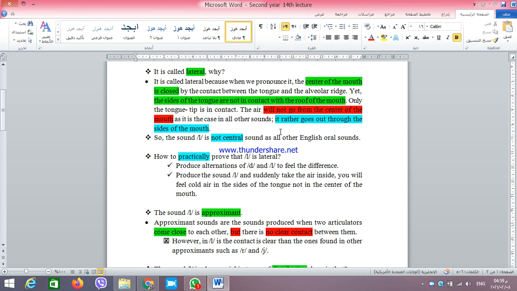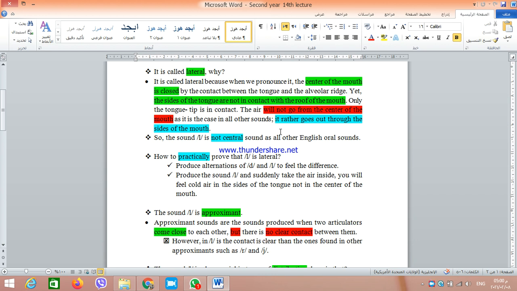But while the tip of the tongue is in contact, the sides of the tongue are lowered and they are not in complete contact with the roof of the mouth. So only the tip of the tongue is in contact. That's why the center of the mouth is closed, while the air can pass through the sides of the mouth.